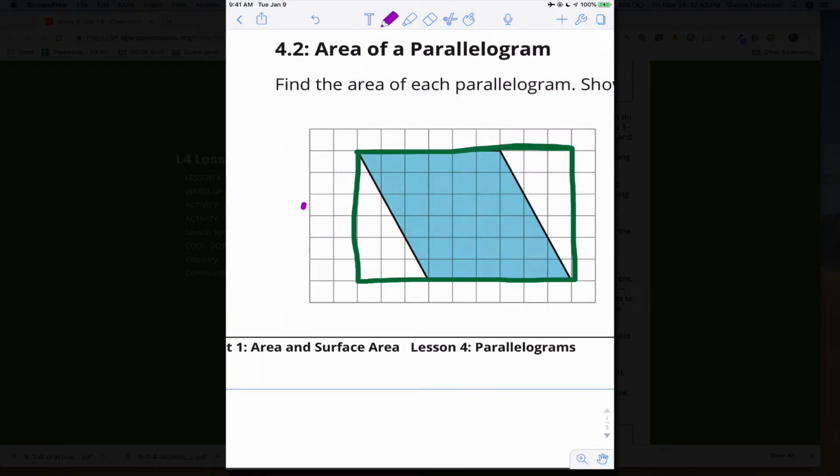We know that this rectangle is 6 tall, and I don't know what it is wide, so let's count. 1, 2, 3, 4, 5, 6, 7, 8, 9. So it's 9 units wide. So 6 times 9 is 54 units squared, right? So we know that that entire figure has an area of 54.